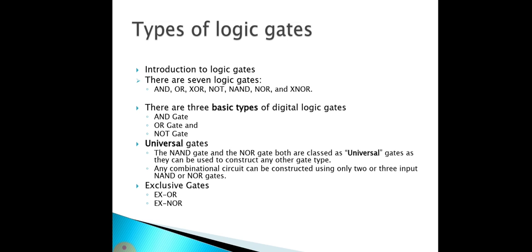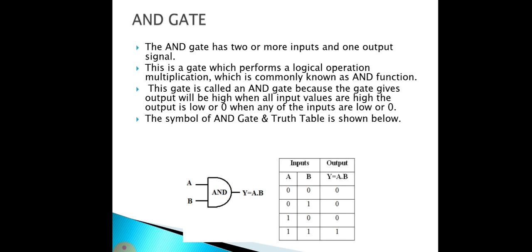First gate we will see AND gate. The AND gate has 2 or more inputs and only one output. The inputs will be A and B and output will be Y. Their Boolean expression is Y equals A into B. This is the gate which performs a logical operation multiplication, which is commonly known as AND function.